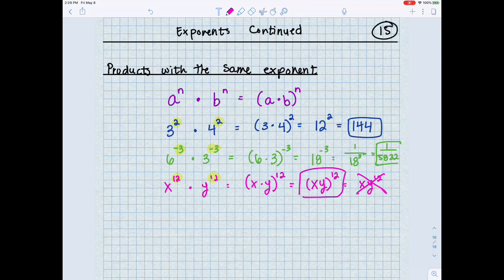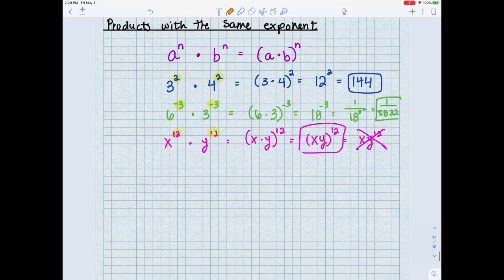Okay, now let's take a look at a negative example. Let's do m to the negative 8th power times n to the negative 8th power. So again, just multiply your bases, m times n, and keep the exponent.